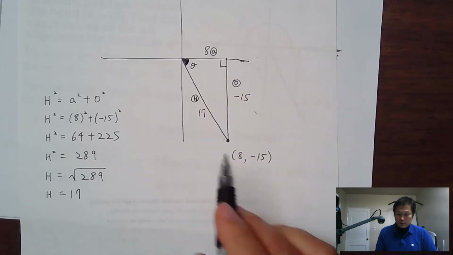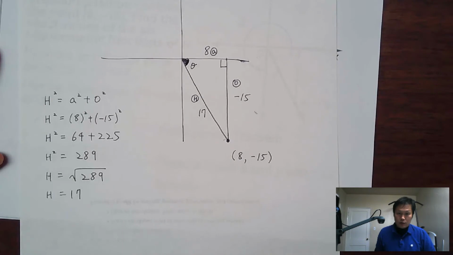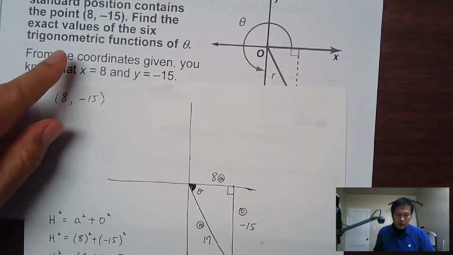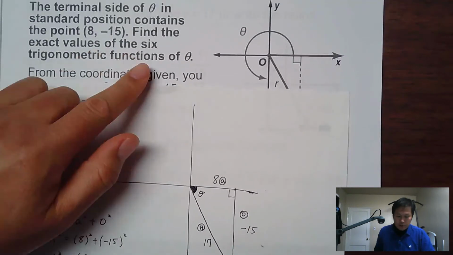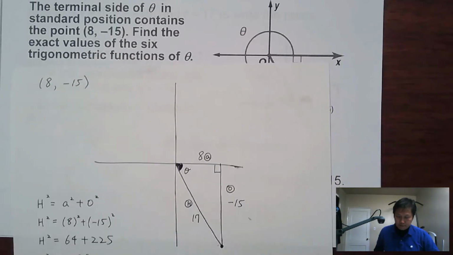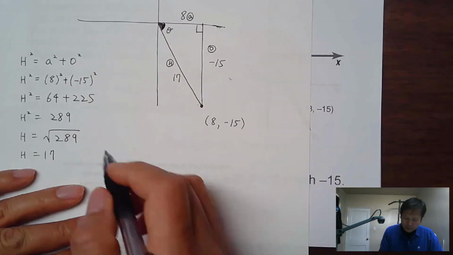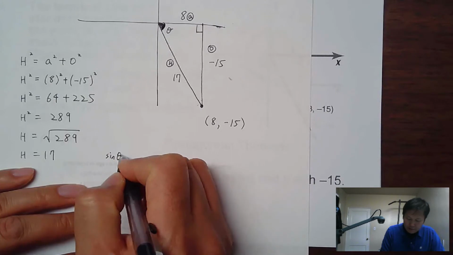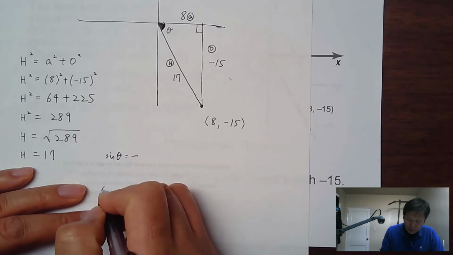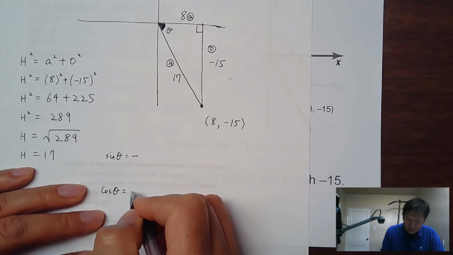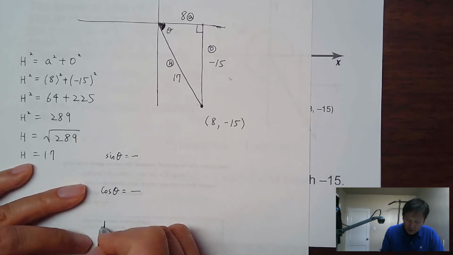Hypotenuse is always positive. Then what do they want? They want you to calculate the 6 trigonometric functions of theta. So you will need sine theta, cosine theta, tangent theta.